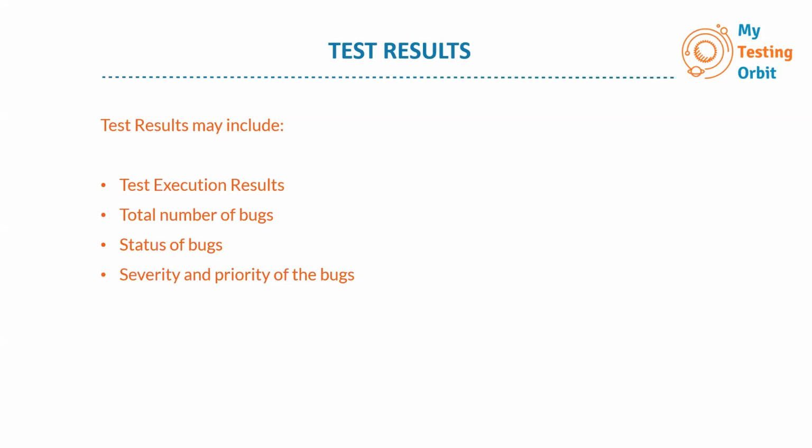And if there is a bug where the severity is high but the priority is very low, then maybe we can shift it a little bit down in the list, as compared to a bug which is critical and the priority is very high as well. So this helps us sort out the bugs in the order they should be fixed, in the order they need to be worked on.